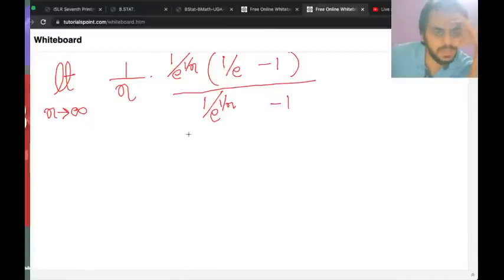If n tends to infinity, let me try to simplify it further.